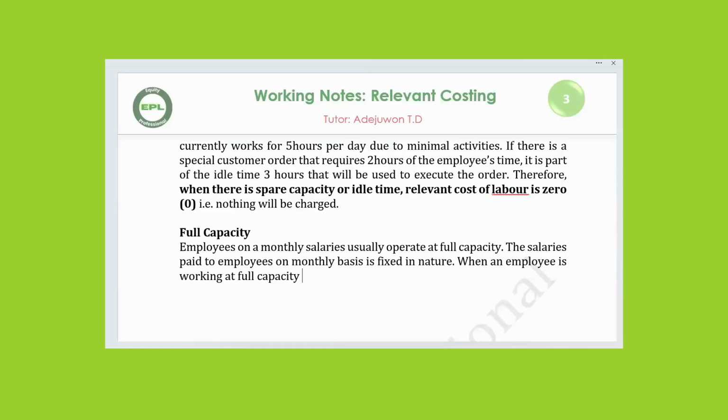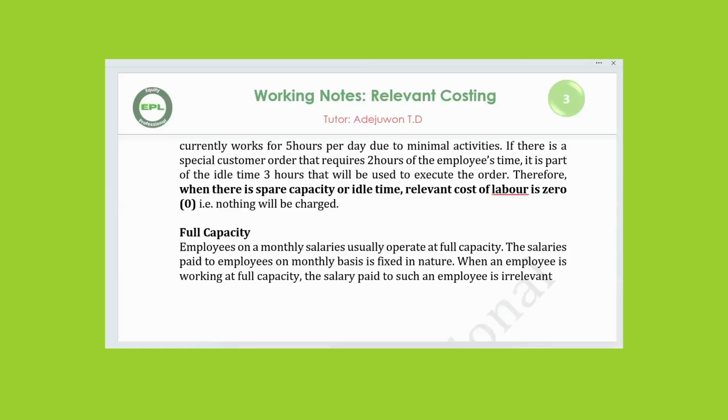Therefore, the salary paid to that employee is irrelevant.